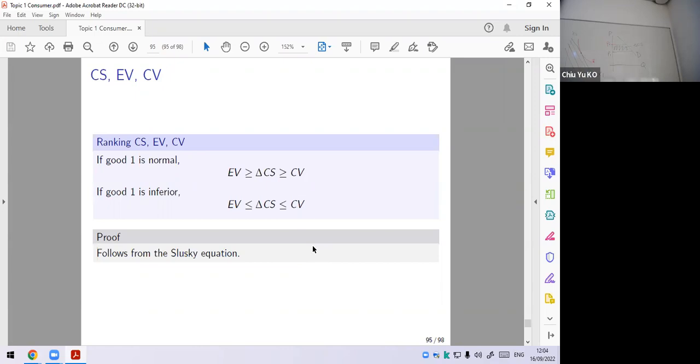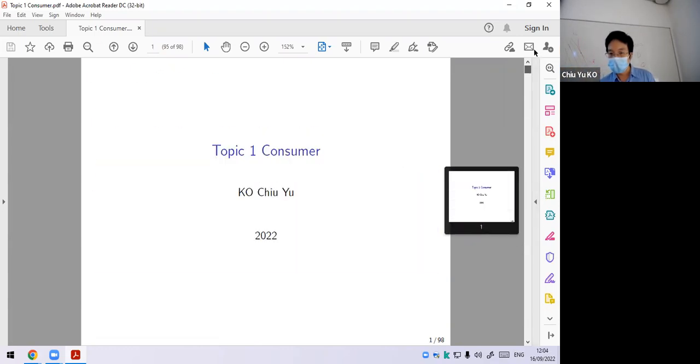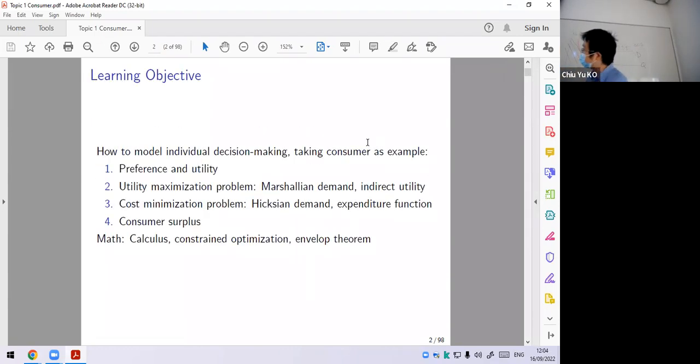But what we learned is, we start from the beginning, from preference, and go to utility, and although we use utility, we understand the preference in the back. And we learned the utility maximization problem. We know how to derive this too, and you will do it in the exercise assignment.